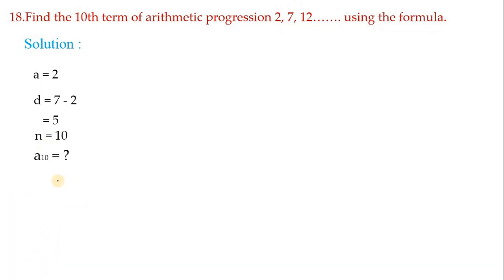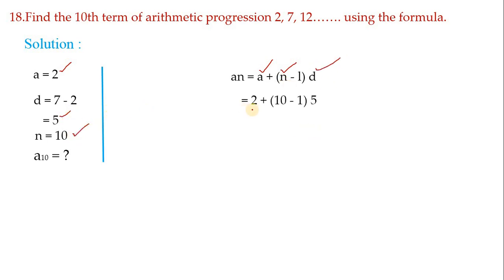Therefore, a10 equals question mark. You can write an equals question mark also. We have to use the nth term formula, that is an equals a plus n minus 1 into d. Substitute values. A value is 2, n value is 10, d value is 5.